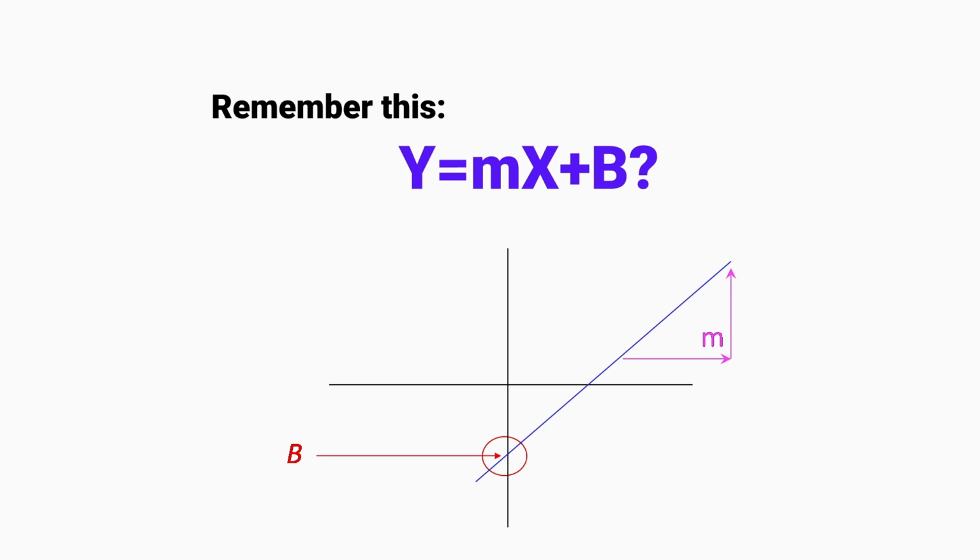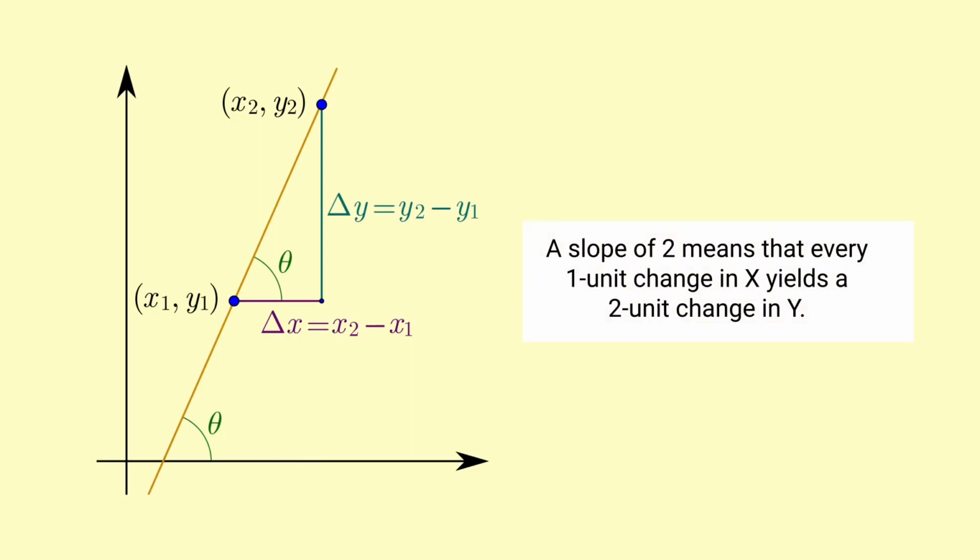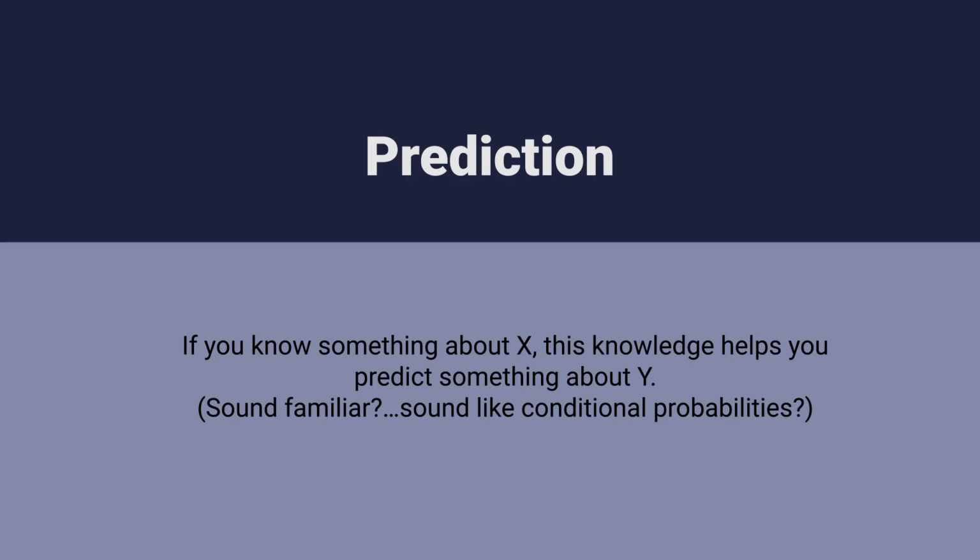If you see this particular image, y is equal to mx plus b, and this is called the equation. A slope of 2 means that every 1 unit change in x yields a 2 unit change in y. This is called a slope, and when you are talking more about prediction, if you know something about x, this knowledge helps you to predict something about y. Sounds familiar, sounds like conditional probabilities.